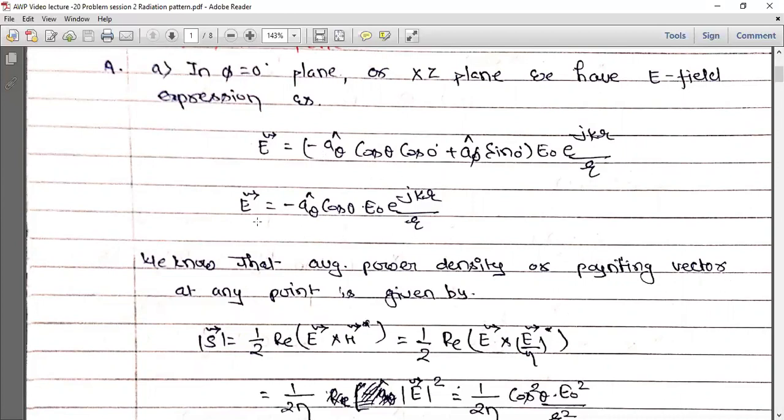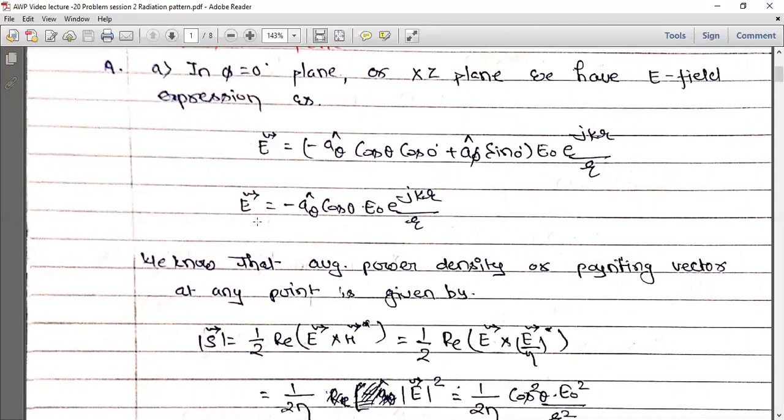Now we know that if you have the electric field intensity phasor at a particular point, you can find the power density at that particular point. What is the meaning of power density? When an antenna starts radiating, it radiates waves in all possible directions, and at any particular point you can find the power crossing through a unit area placed at that point.